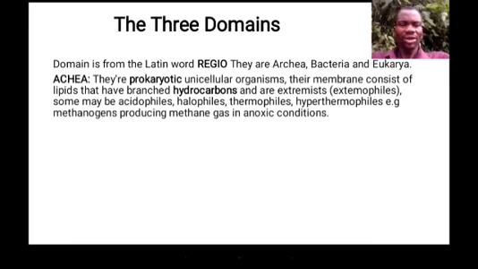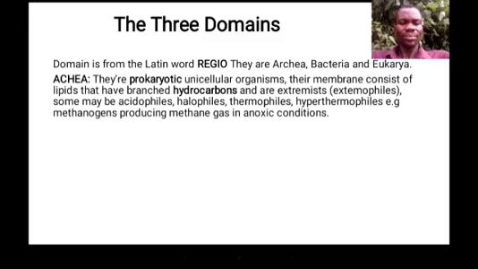They are unicellular organisms. Their membrane consists of branched hydrocarbons. And when we talk about hydrocarbons, we are talking about a kind of molecule that has hydrogen and carbon.